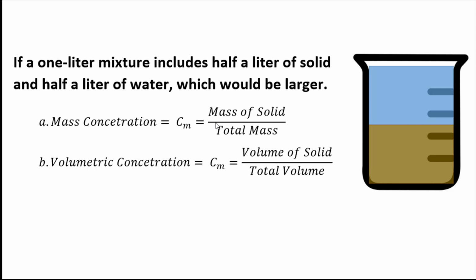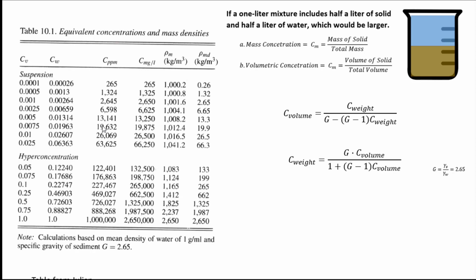Concentration by mass, concentration by volume, parts per million, milligrams per liter. If you look at Julian's textbook, he has a very helpful chart in there that helps you convert between them. What you'll notice is that at concentrations that we're used to dealing with, the parts per million and milligrams per liter are essentially the same.